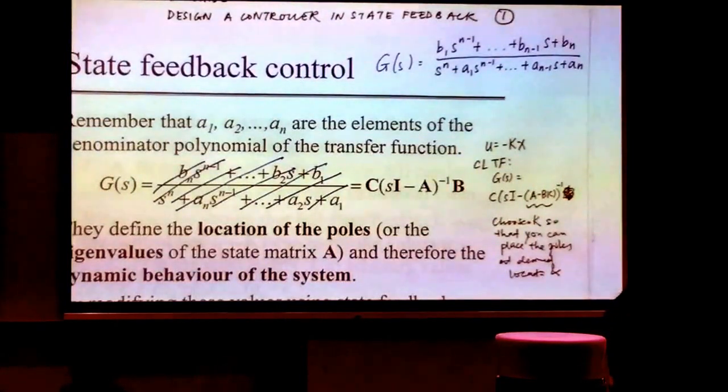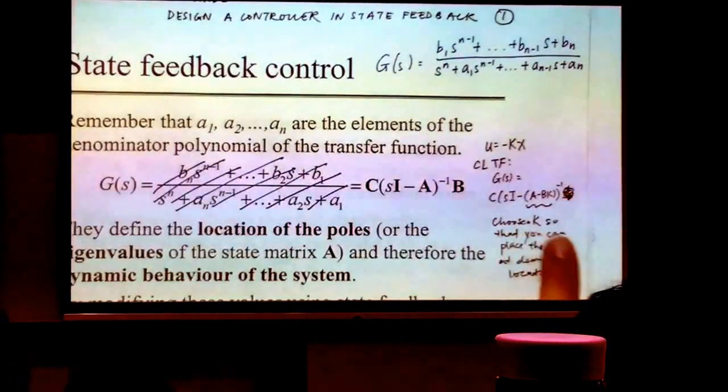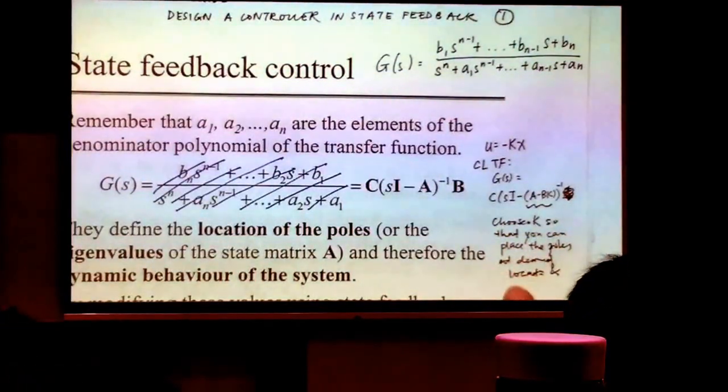So, for those at the back who cannot see, choose K so that I can place the poles at desired locations.